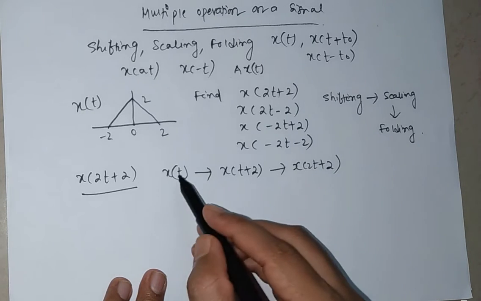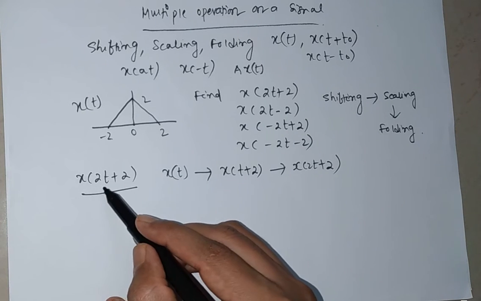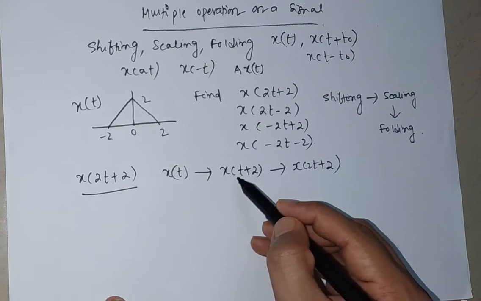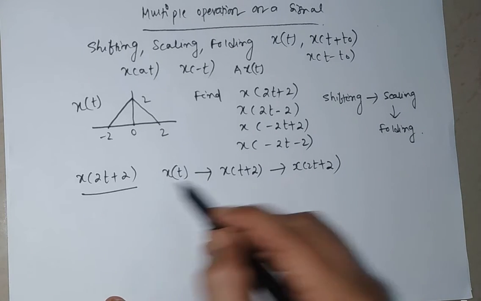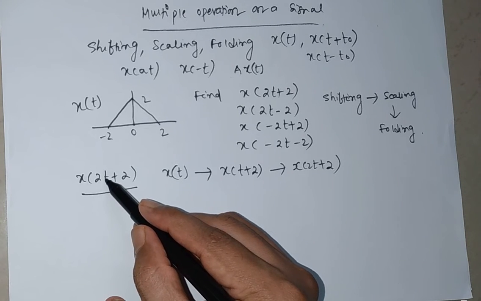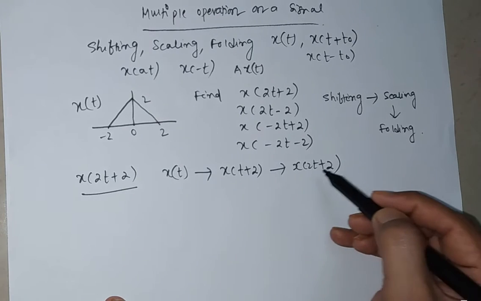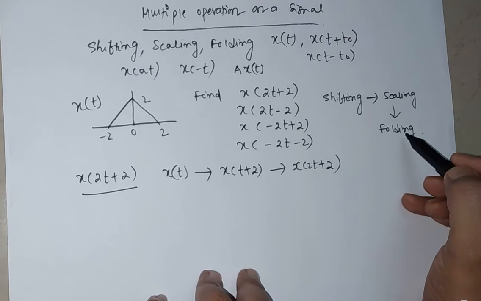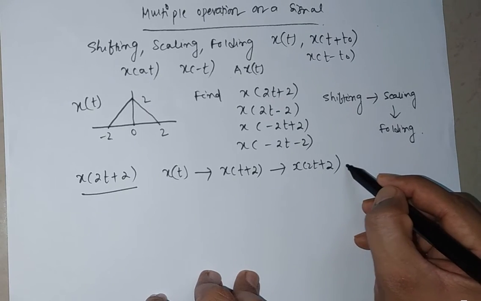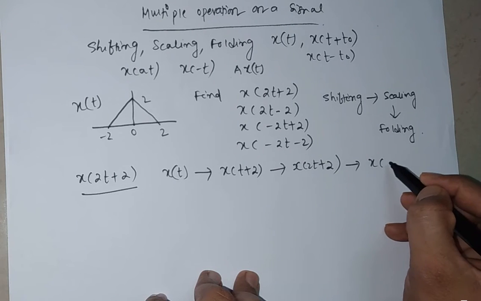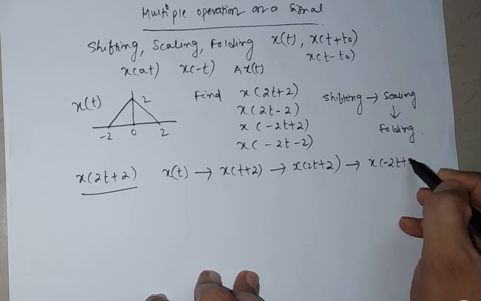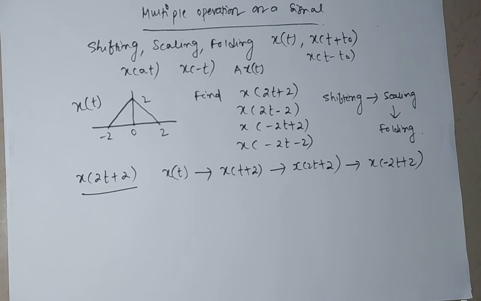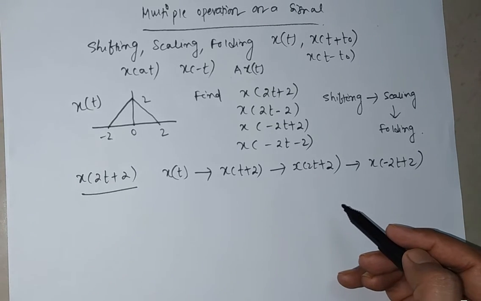Since there is a plus 2 part, blindly you have to find x of t plus 2. After that, scaling means 2 is multiplied to t, so x of 2t plus 2. Now if you go for folding, t is replaced by minus t, then it will come x of minus 2t plus 2. So this is the sequence to solve this type of problem.